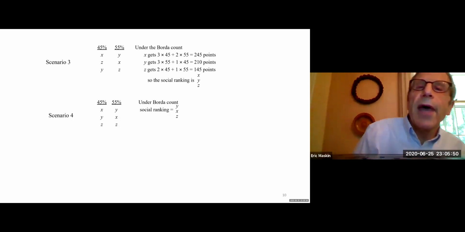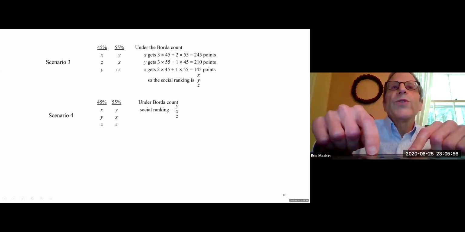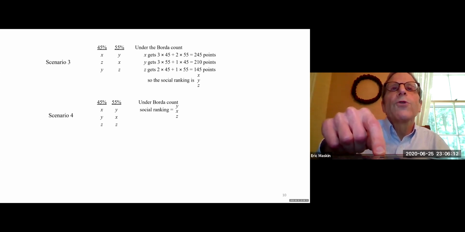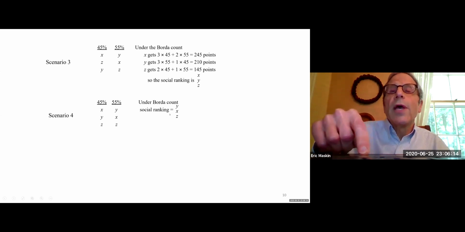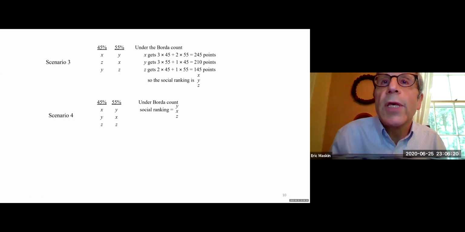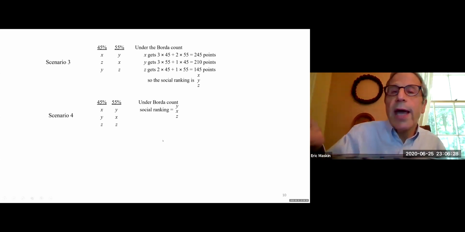Now let's compare that with scenario 4, which is the same as scenario 3, except that now Y has moved up into second place in the first group of voters. So Y was at the bottom in scenario 3 for the first group, but now it's in second place. Now it turns out that Y is the top ranked alternative, and X is in second.